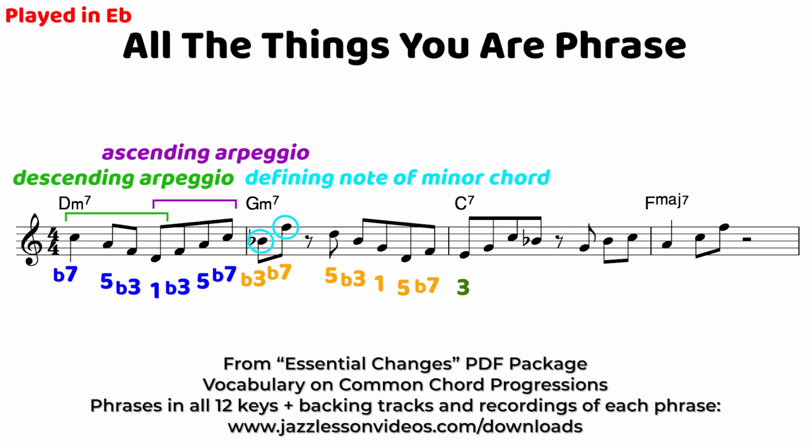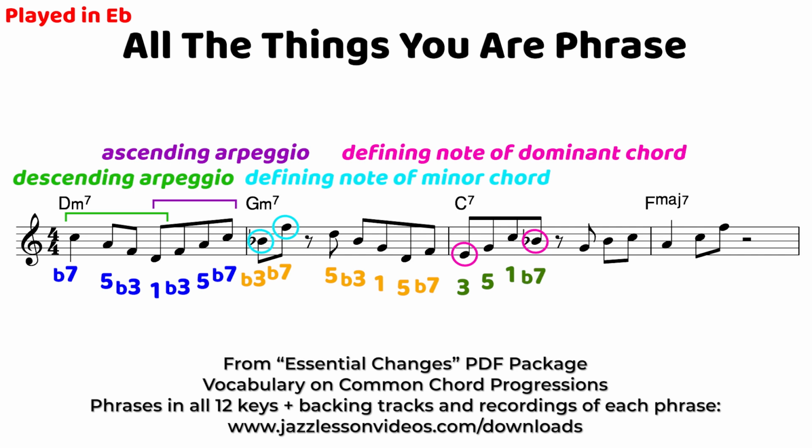Again, one of the defining notes of a dominant chord is the major 3rd and then the flat 7, which we see a little bit later in the bar, where we go 3, E, 5, G, up to the root, C, and then down to the flat 7. So we start on the 3rd, and we end that little line on the flat 7, clearly outlining nothing but the notes in that C7 arpeggio.